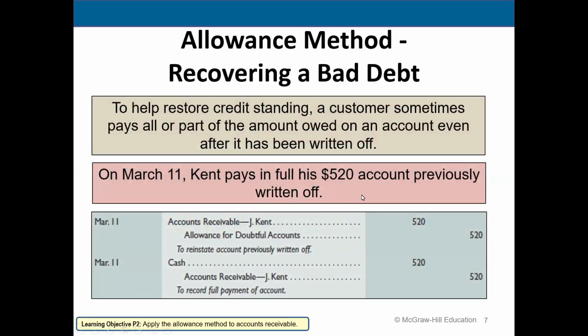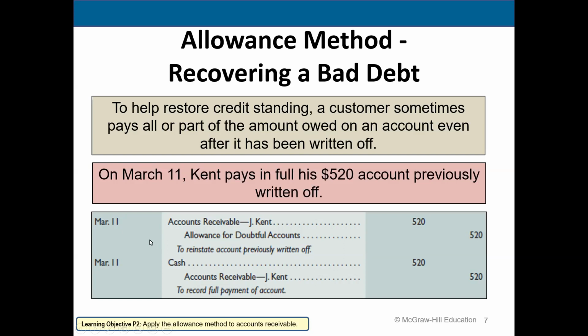Okay, so let's say that we've written off this account and then we open the mail and lo and behold, here's a check from Mr. Kent. We were wrong. He did pay his account. So now we want to put it in our pocket and run home, right? No, that would be wrong. You want to put it in the bank. The only problem is you can't put it in the bank because he doesn't have a receivable. You can't reduce his receivable and record cash because he doesn't have one.